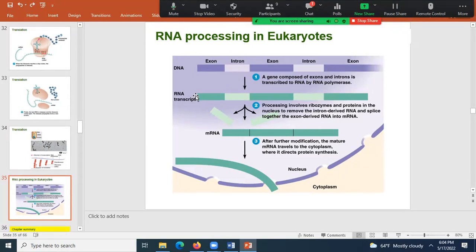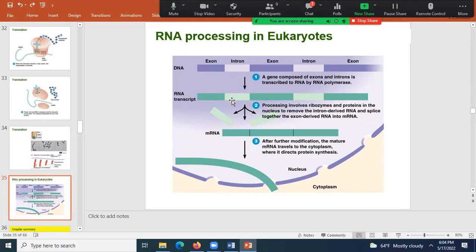And when the RNA is made, the initial transcript will have both exons, regions coding for protein, and then regions not coding for proteins, the introns. And these introns have to be spliced out. That means cut off.